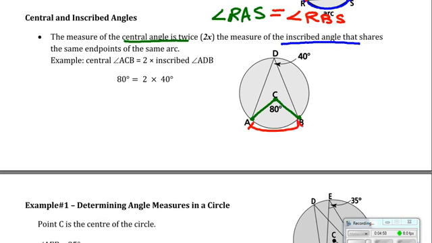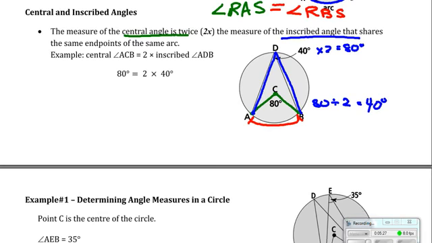So we need to use the same endpoints, same pizza crust, for an inscribed angle. And so if we start at A, we can go to D and then B. So we have the same arc, in central and inscribed. And so what that says is the central angle is 2 times as big as 40. So 40 times 2 is 80, or 80 divided by 2 is 40.